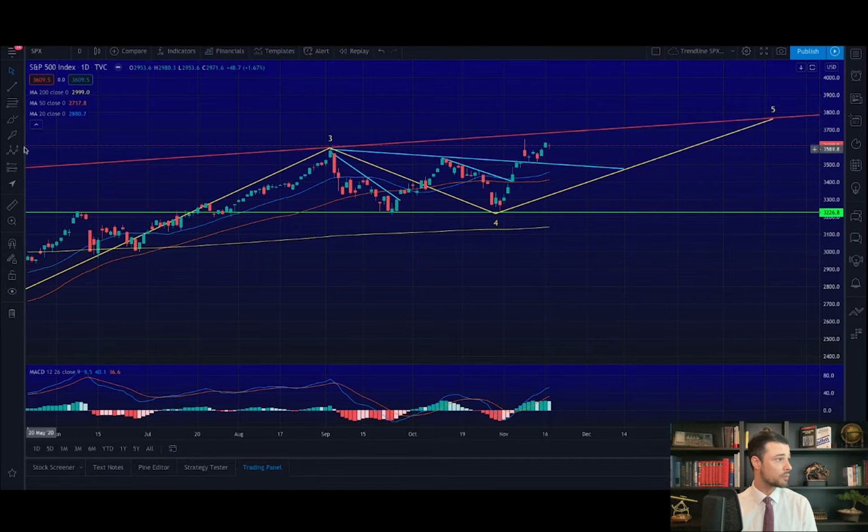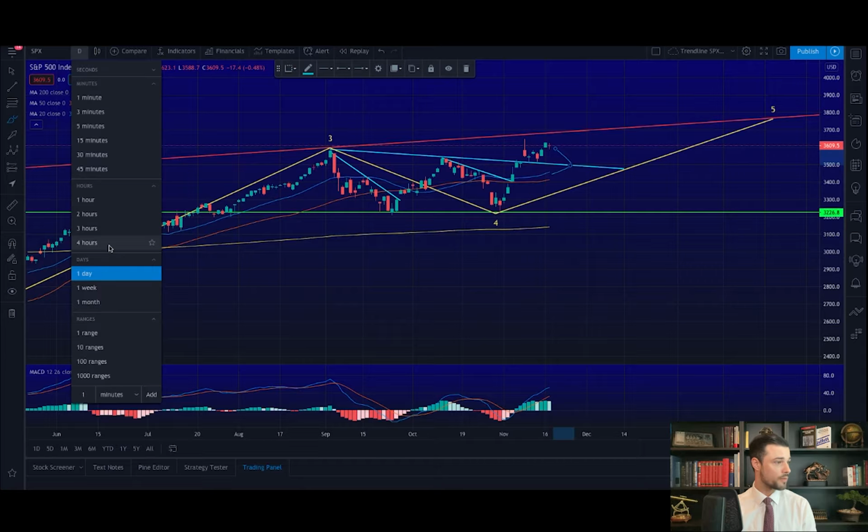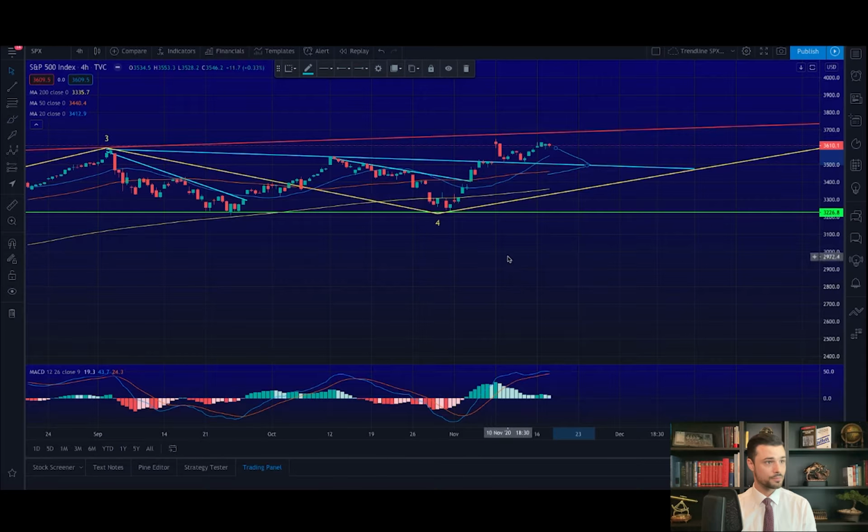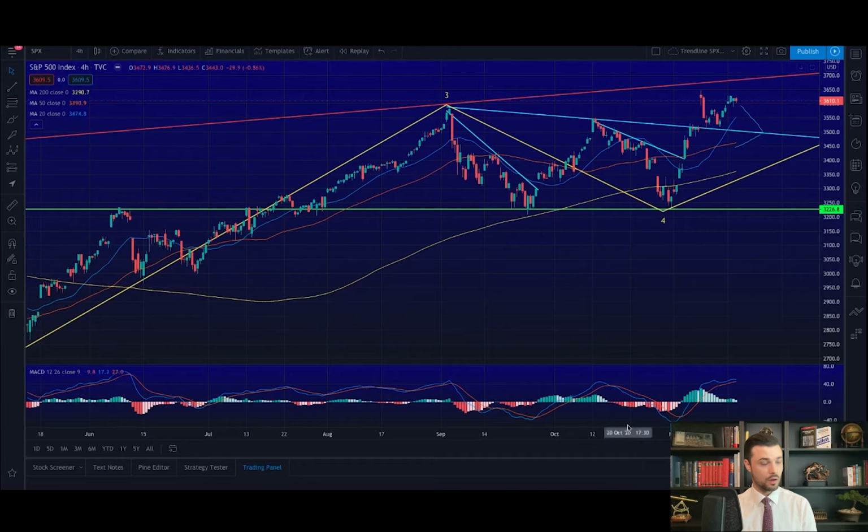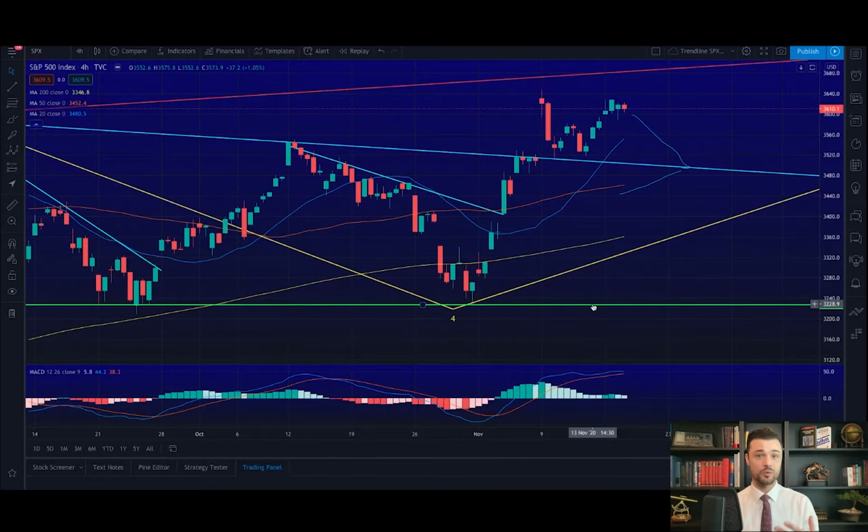So for example, what I would like to see is something like this. So the moving averages coming here and the market coming like here. All right. And this would be a nice level to buy. Let me show you quickly if I go to the 4 hours time frame. And I'm going to show you how to use Fibonacci.